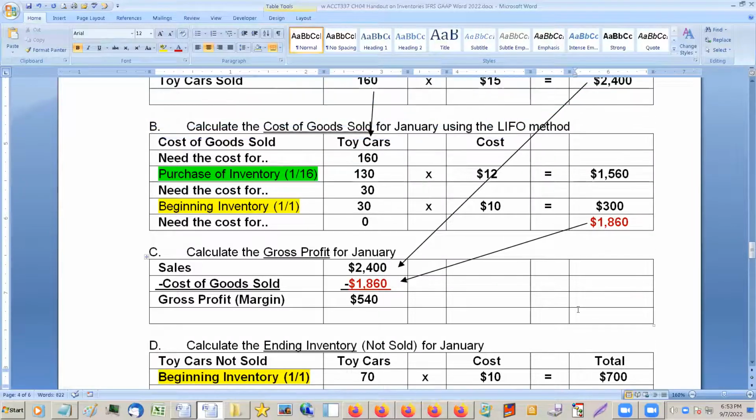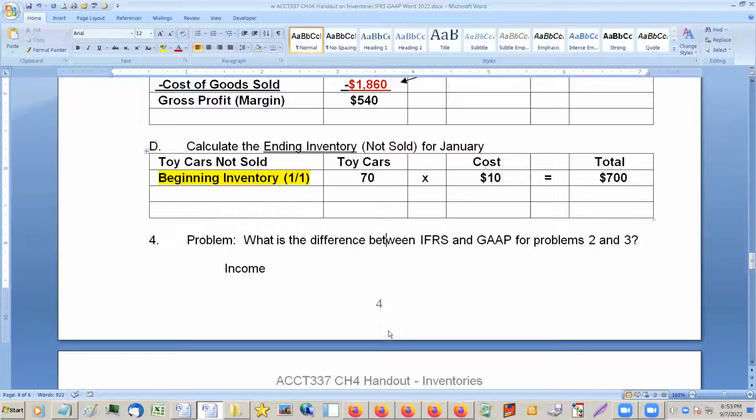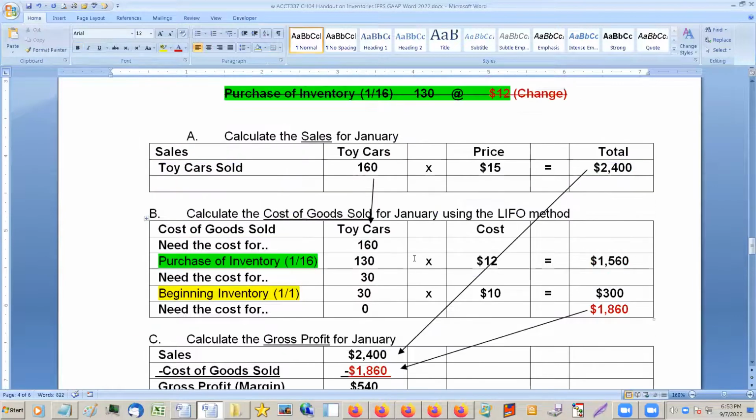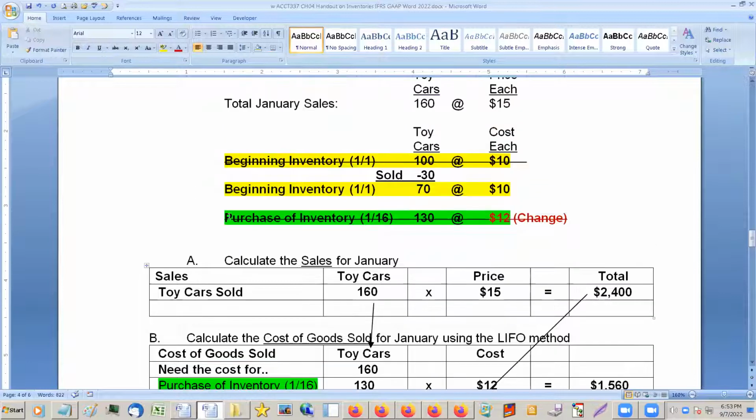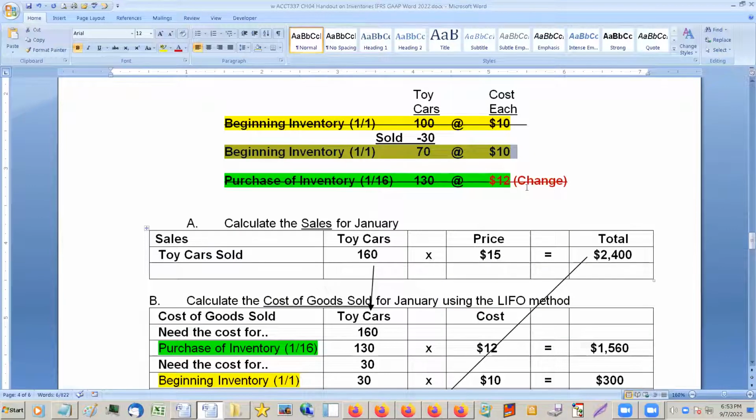Now, notice something. I don't know if it's obvious, but this beginning inventory may never be sold using the LIFO method, unless they sell out the entire inventory down to the shelves.